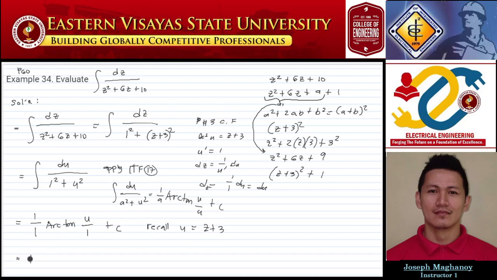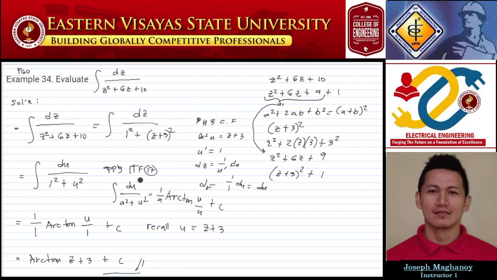No need to write 1, that is arctan of our u, that is z plus 3. No need to write 1, you can write z plus 3 right away. Any number divided by 1 is still the same. So that is arctan of z plus 3 plus c. So that is your final answer for our example number 34.